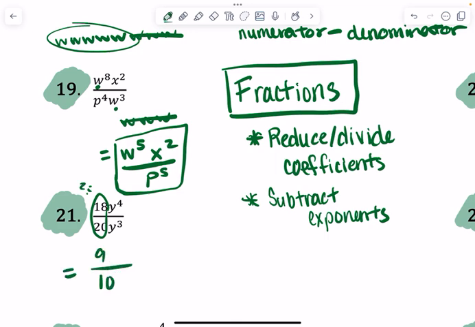And then your y's. Y to the 4th, y to the 3rd, subtract, you get 1. Your variable always stays in the numerator after you subtract unless it's negative.